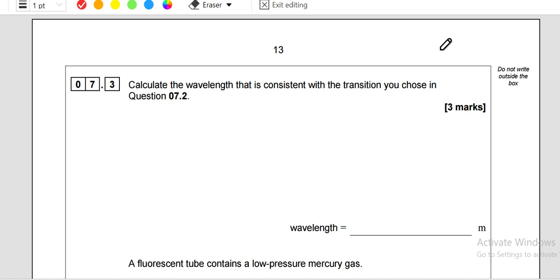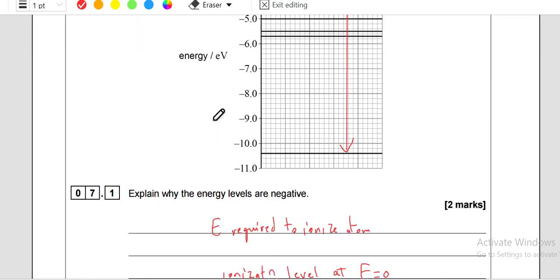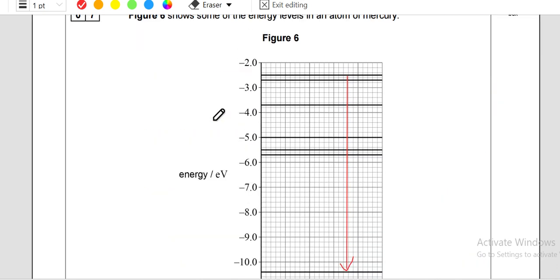And to calculate the wavelength, we'll first calculate delta E. Delta E is the difference, as we have just said, and here are 5 very small squares. Each one represents 1/5, which is 0.2 eV.